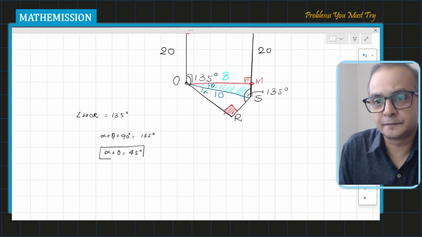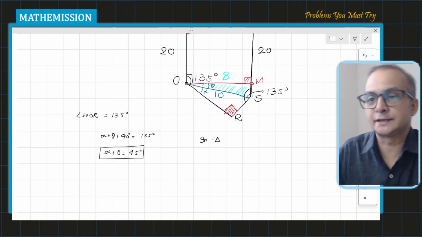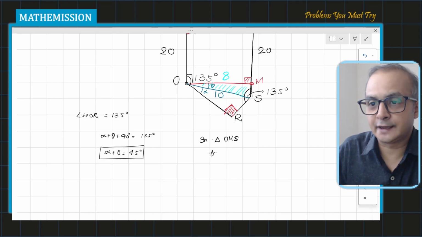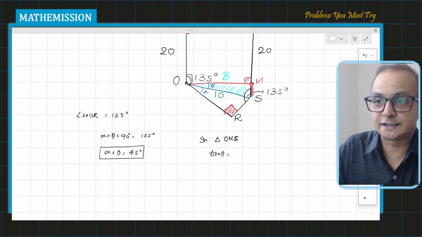Now from here, in triangle OMS I can write tan theta is equal to, notice, this is the base, this is the perpendicular, and this length we already know is 6, this is 8.